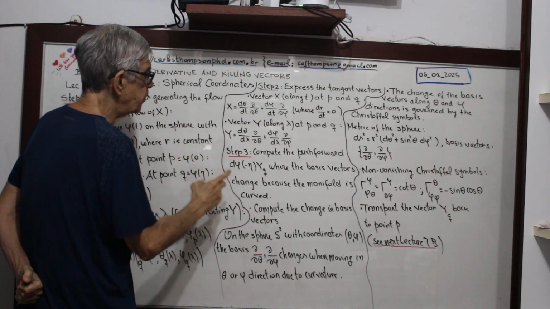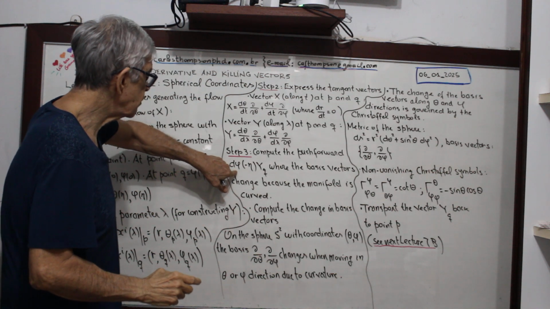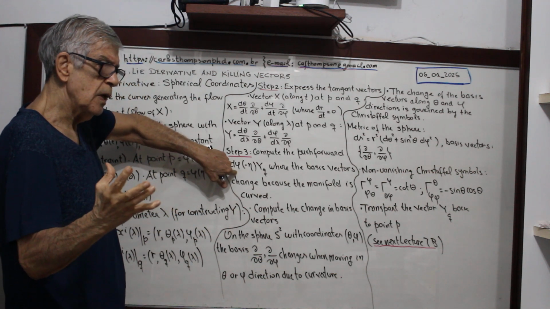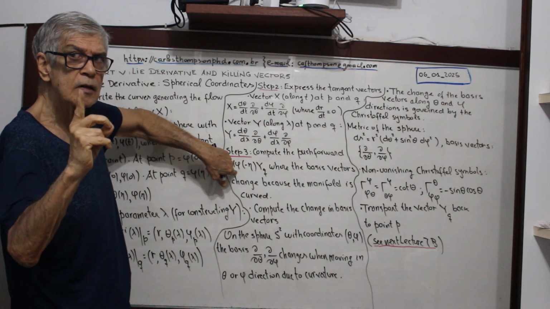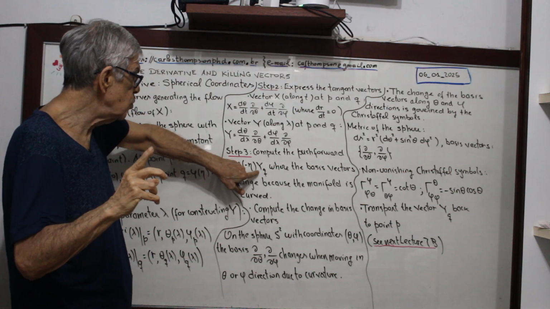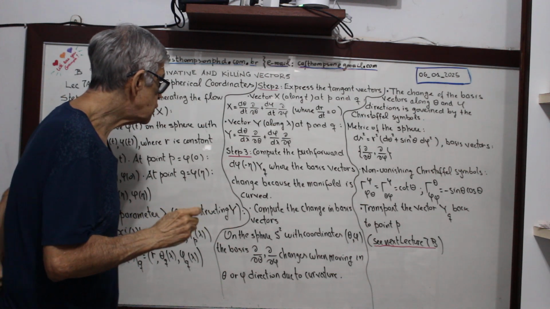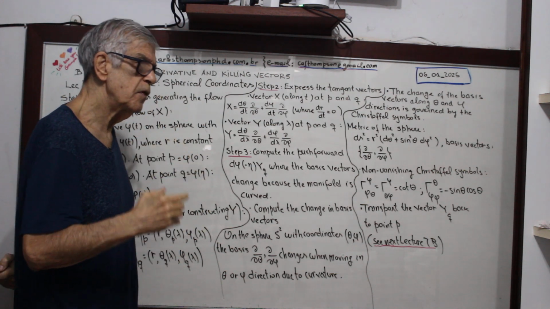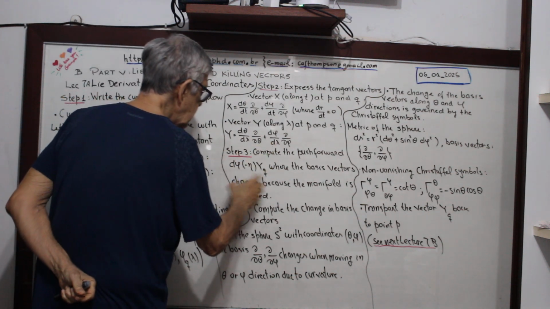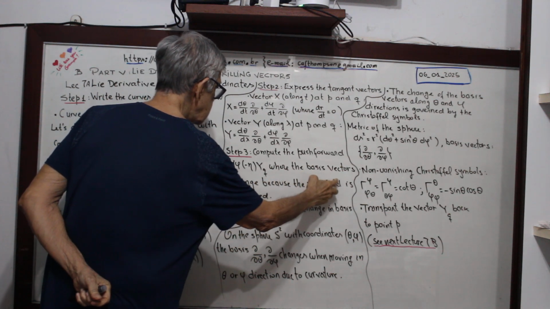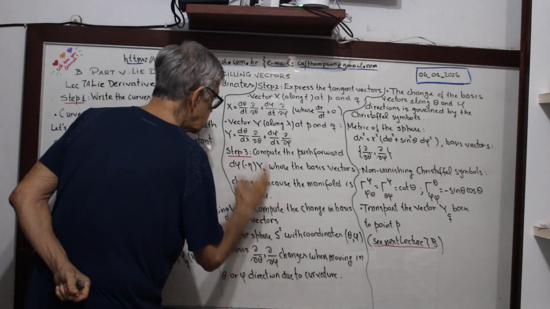So step 3: compute the push forward. The push forward acts on vectors. Don't forget that. So Y_Q is a vector. So the push forward of Y_Q leads to the vector Y tilde at P. But this is a basis vector here, where the basis vectors change because the manifold is curved.